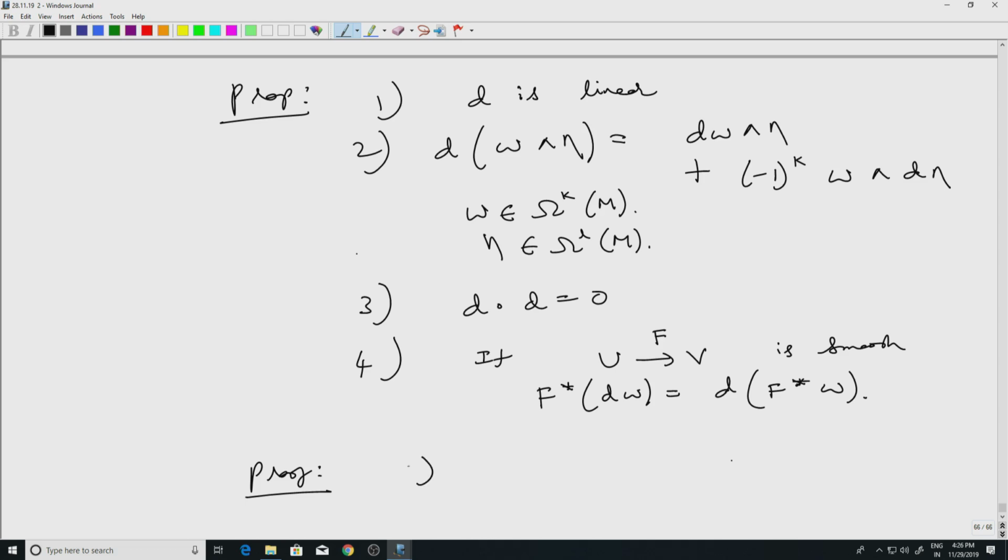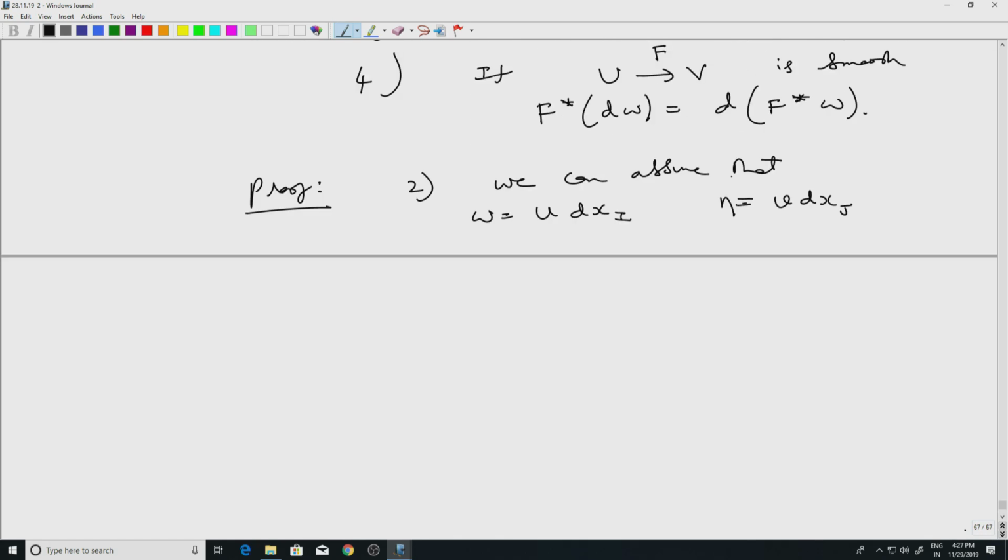Now, as for two, we can assume that omega is equal to u dx_I, eta equal to v dx_J, where u and v are smooth functions on U.